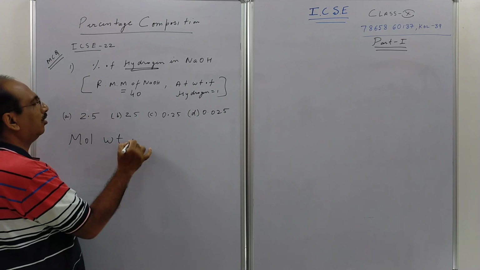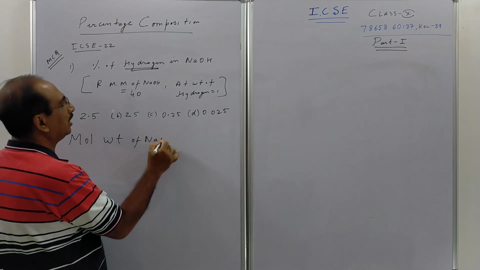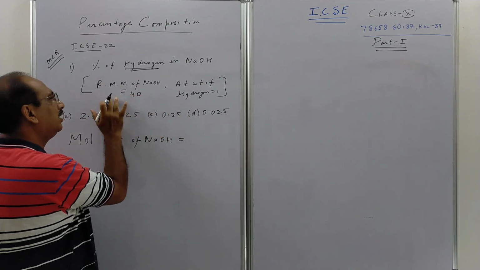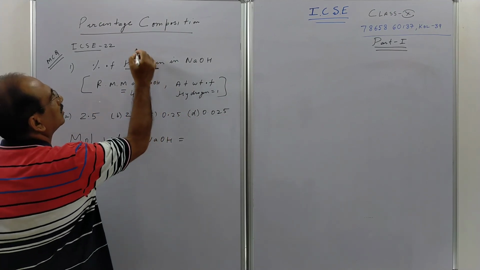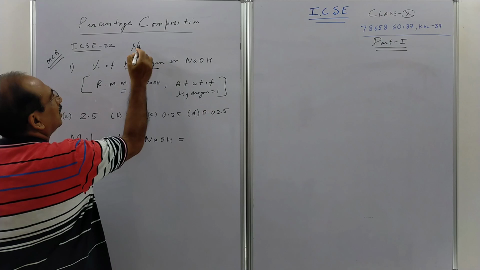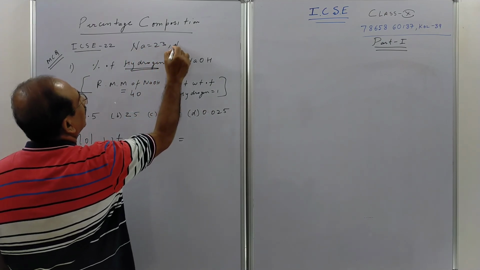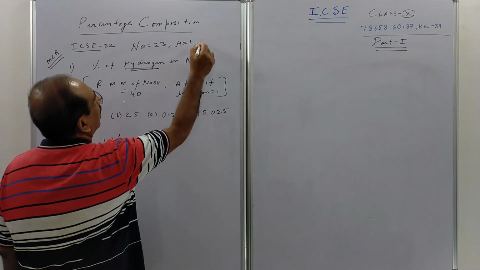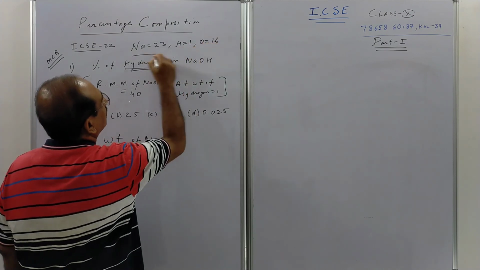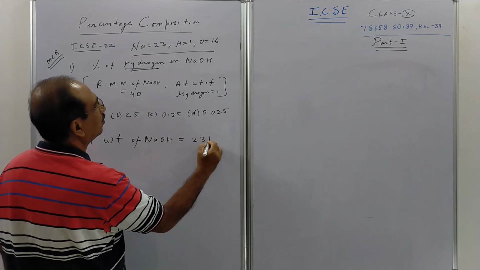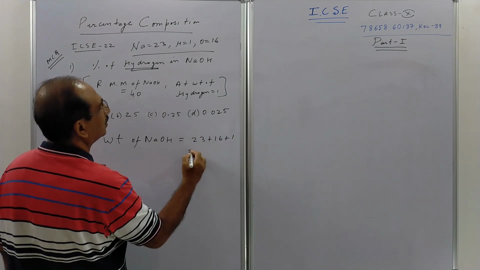This is given, we don't need it here. The molecular weight of NaOH. I am just telling you, if it is not a 1 mark question, what will be given other than this? Here it is given as 40, so I'll show you how it is 40. If this is not given, the atomic weights will be given: Na is 23, O is 16, and H, I told you, is 1.